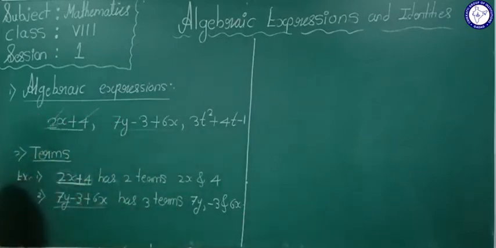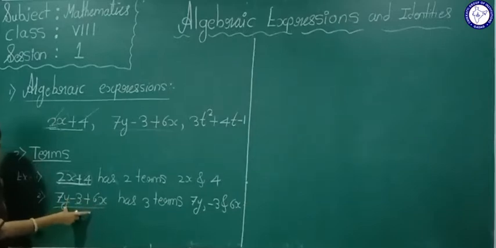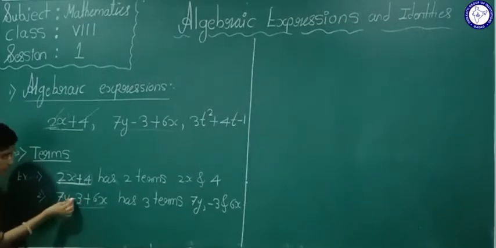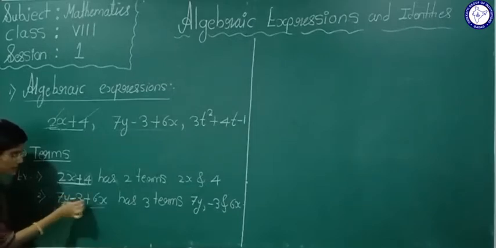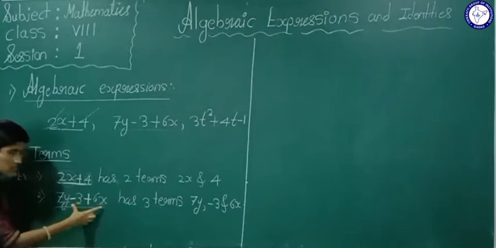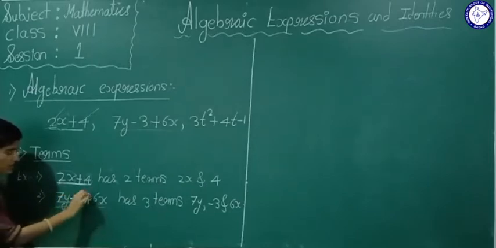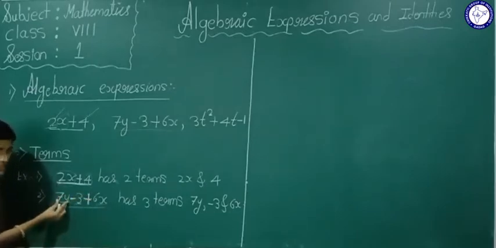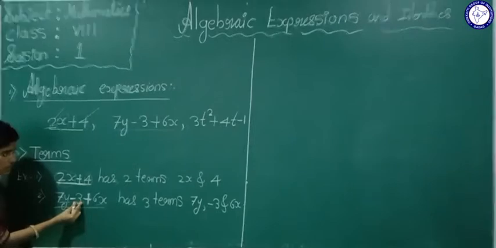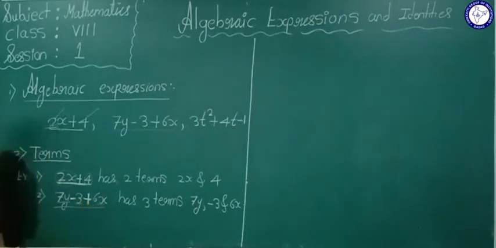So what can I tell as the definition of terms? Various parts of an algebraic expression are separated by plus or minus signs. See here minus and plus signs, no? These signs separate this algebraic expression. Here 7y is one term, minus 3 is one term and plus 6x is one term.